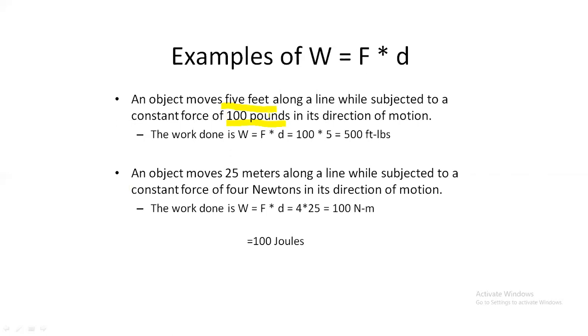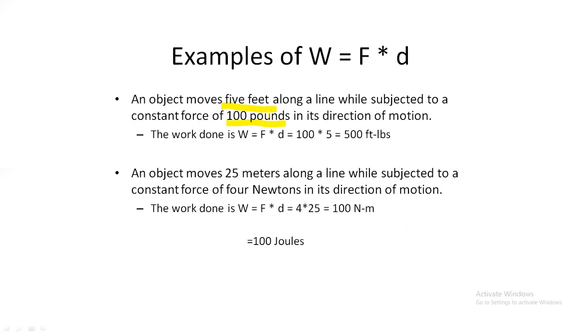The displacement of the object has to be along the direction of the force. So if the force is horizontal, the movement of the said object has to be horizontal. That's a requirement in physics. The displacement has to be in the same direction as the force applied that causes the displacement.